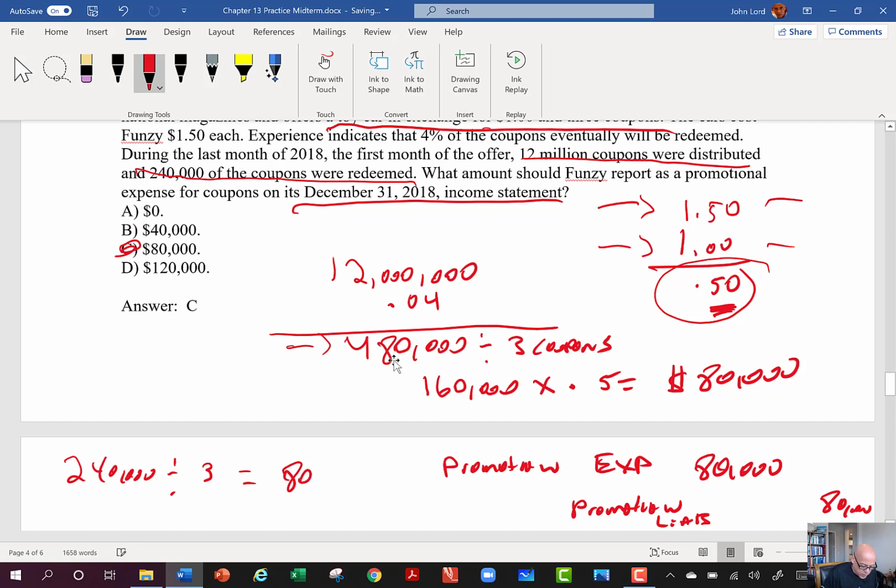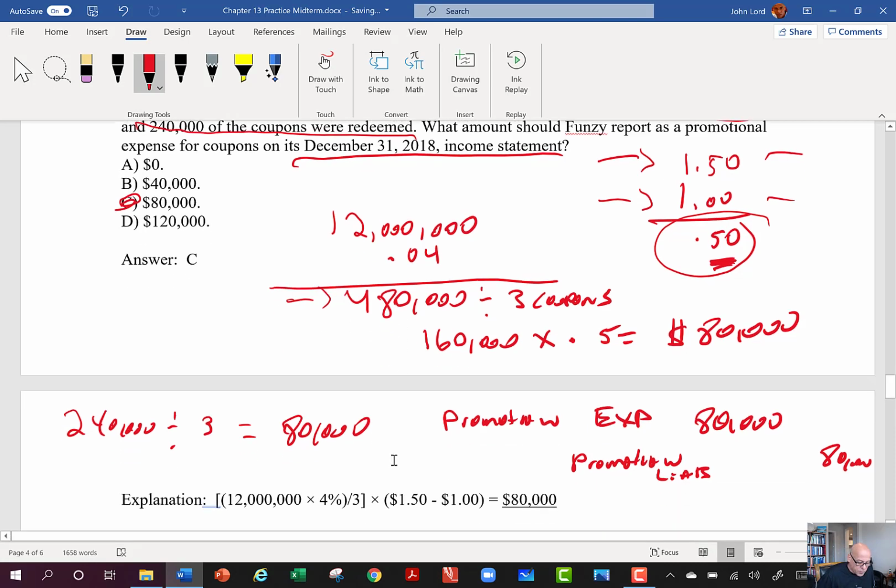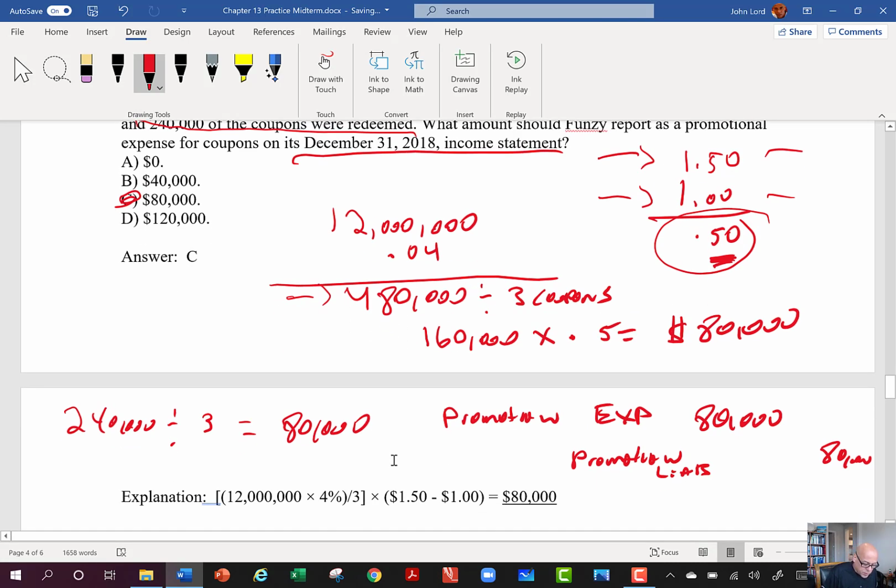I don't know why I had to use a calculator for that. And then 80,000 times 0.5, the net cost of the cars, equals 40,000. So we had to buy $40,000 worth of these little cars.